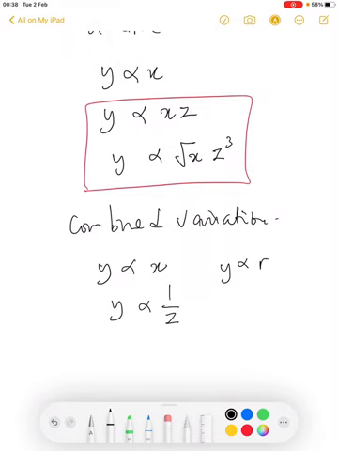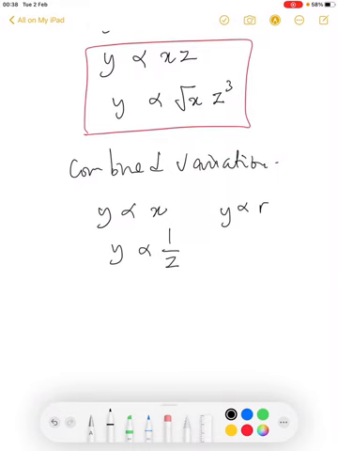So the combined variation becomes like this: y varies jointly as x and r, and inversely as z. So that's a simple wrap up for this topic.